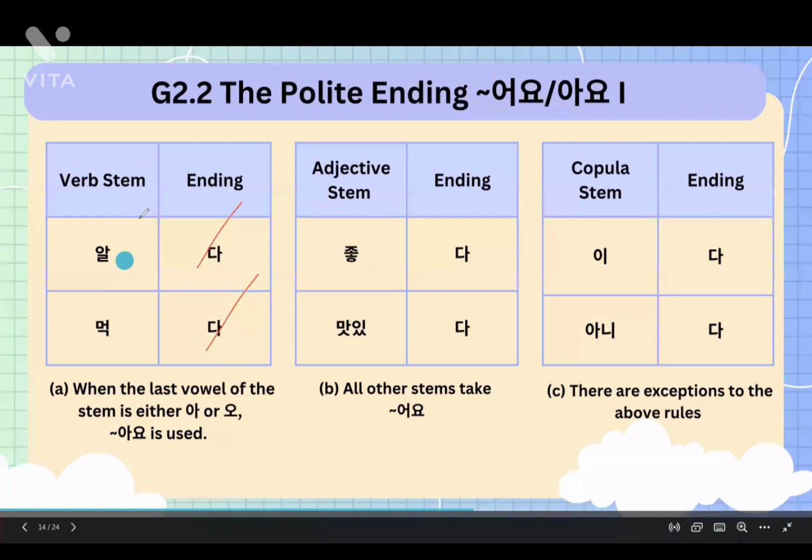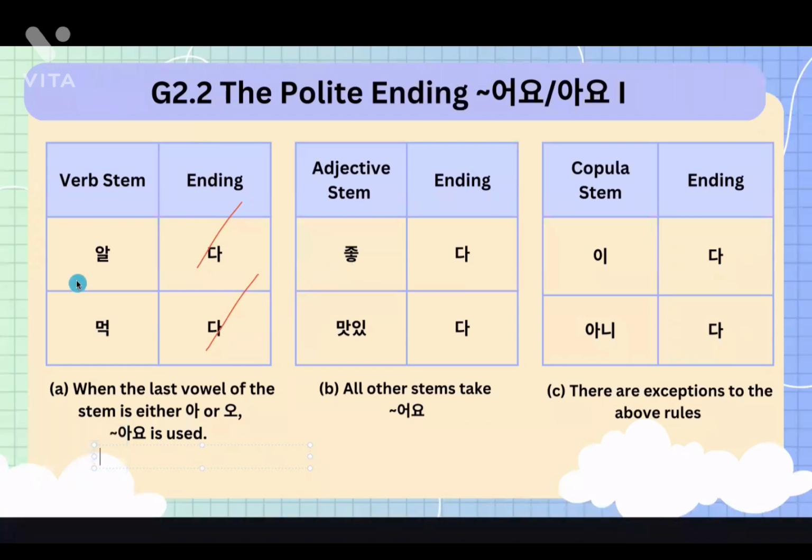So here 아요가 돼야 되고요. 알아요. 알이기 때문에 the last vowel is 아니까 알아요가 되죠. And what about 먹다? 먹다 should not use 아요, because this is an 어 sound. So it is not 아 or 오, 그쵸?